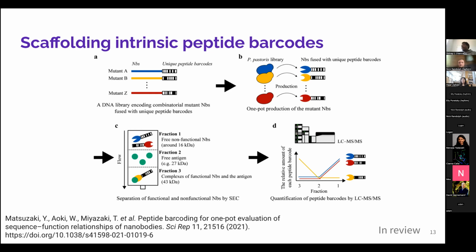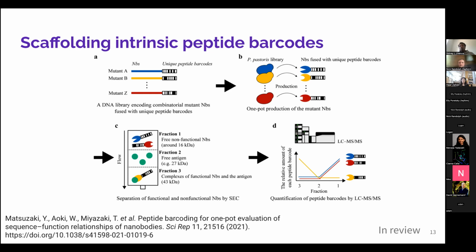And so they introduce these barcodes and they do functional screening per SEC. How they're able to do this is if the antigen doesn't bind, it's going to be at a lower size, and so it's going to elute later. And then if it's just the free antigen, that's going to elute a little bit later than the first fraction.